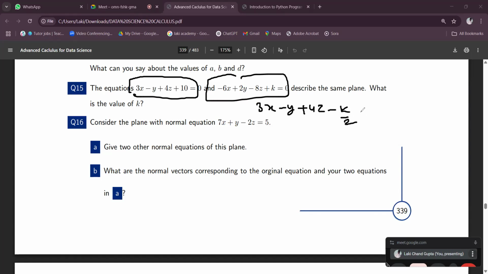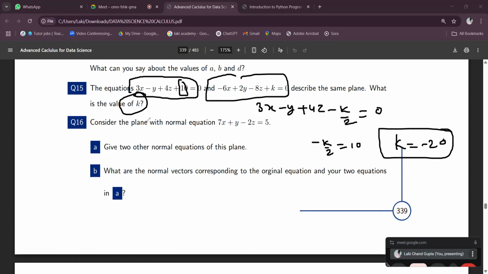Minus k over 2. Here minus k over 2 is what? 10. So k will be minus 20. It means that k is any number other than minus 20, right?